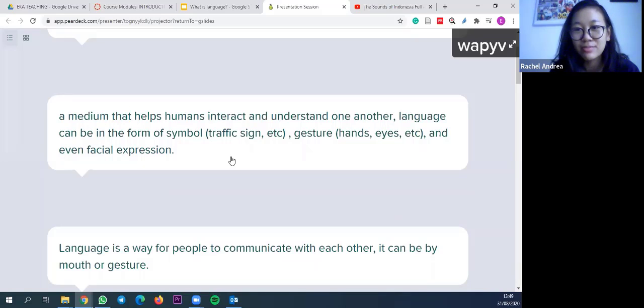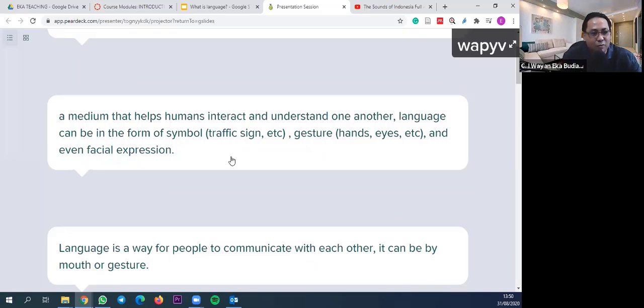As long as people get the meaning, that is language. And I think language can be not only person to person, but for example the symbol, like a traffic sign. It's not from a human, right? But it transfers the meaning, the language, to the person, so they can understand.